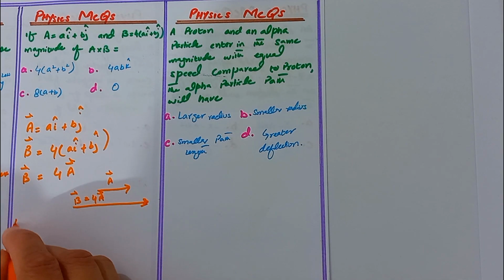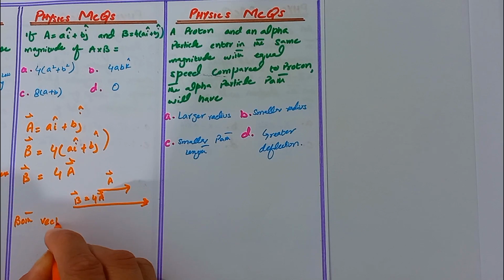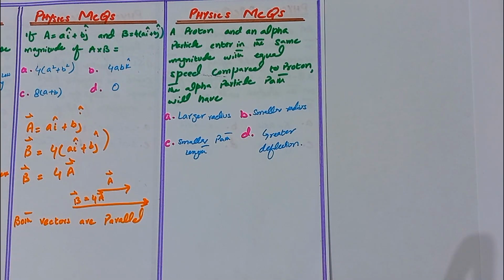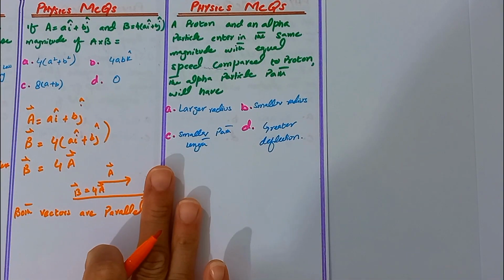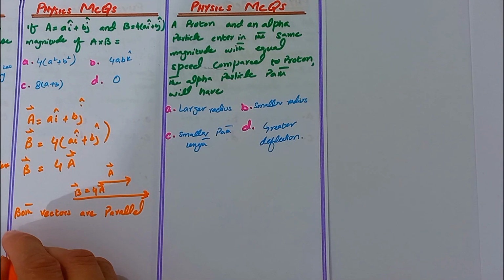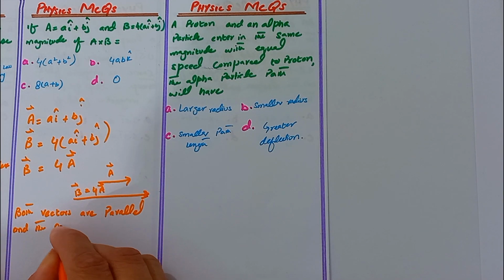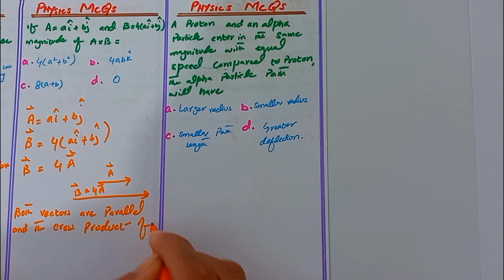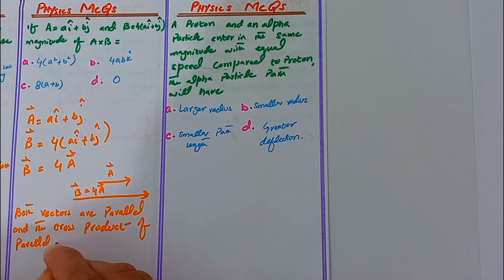So here we write that both vectors are parallel, and the cross product of parallel vectors is 0.